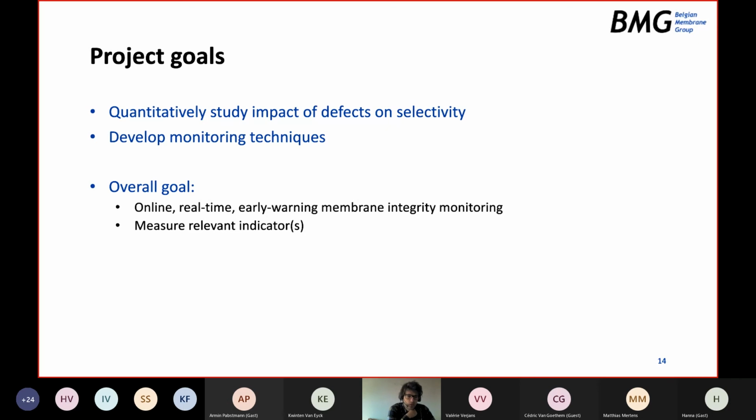For this, we want to measure relevant indicators. As I mentioned, water permeability and salt rejection are in fact not that relevant. They're not sensitive enough. So we need to find better indicators as well.